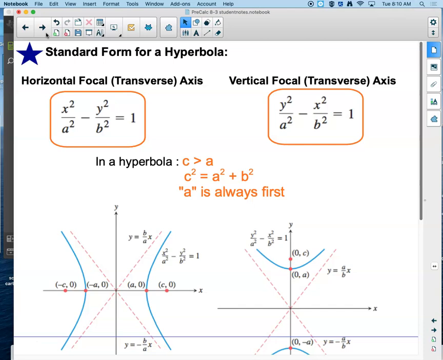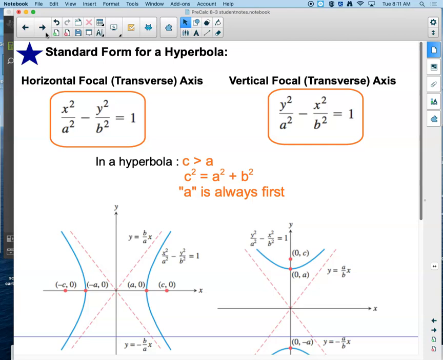Alrighty, so we see we've got our horizontal, which again is the standard form, so we've got x squared, y squared, a squared, b squared, everything seems to be lined up nicely. And then we look at, well, what's going to change that so that this would be a vertical hyperbola instead? And with hyperbolas, it's the location of x and y that are going to change.